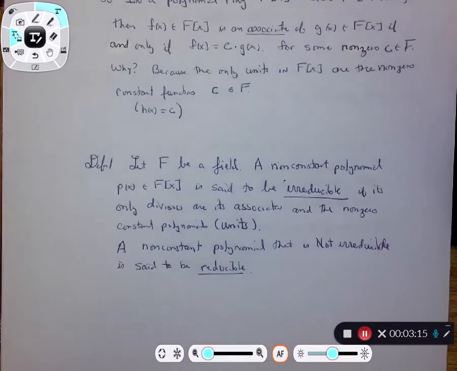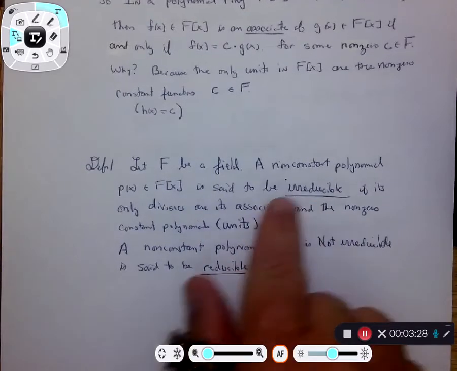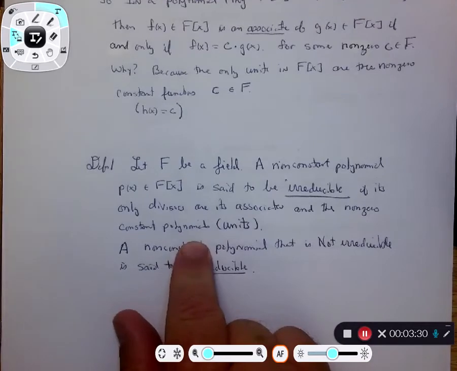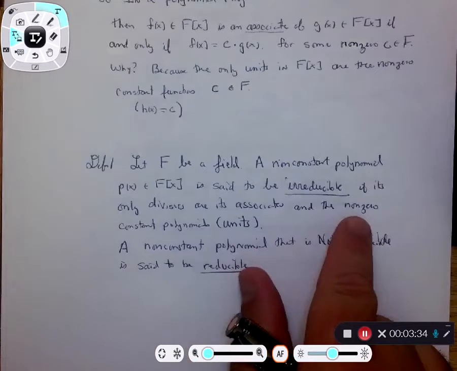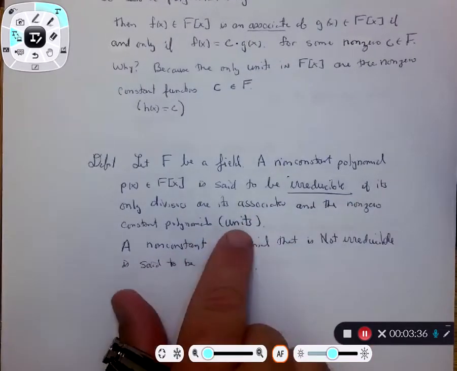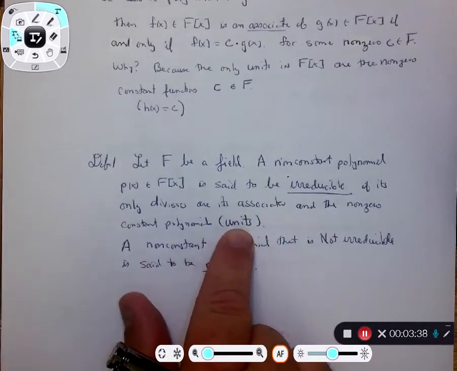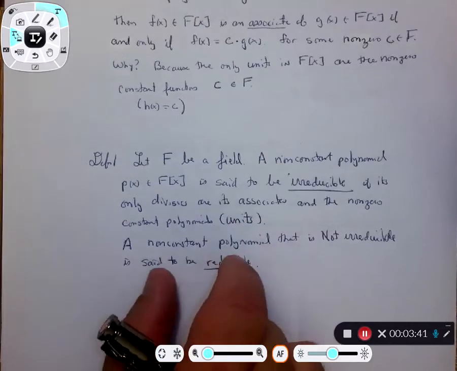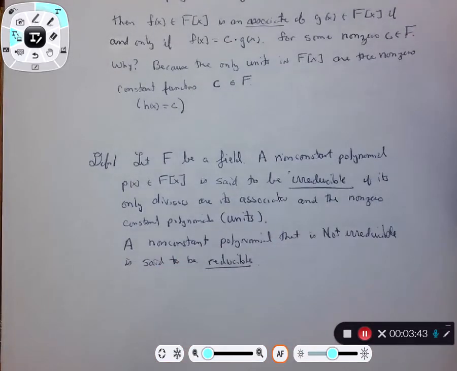I know way back in high school, if you had the polynomial 2x squared plus 4 and you factored out the 2 and got 2 times x squared plus 2, you thought you did something. Not in this world. Pulling out constants is not considered to be reducing the polynomial. The non-zero constants are the only elements that are units, and therefore pulling out a constant makes the two polynomials associates.